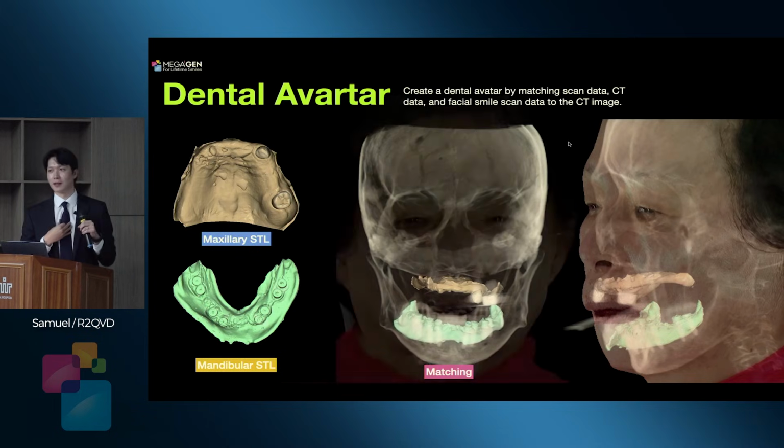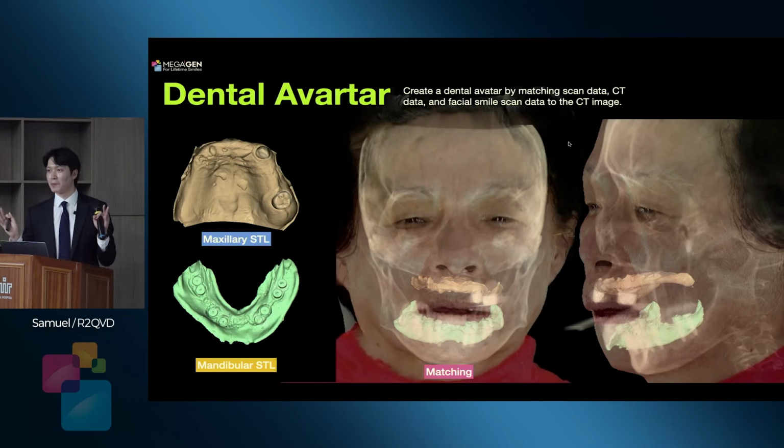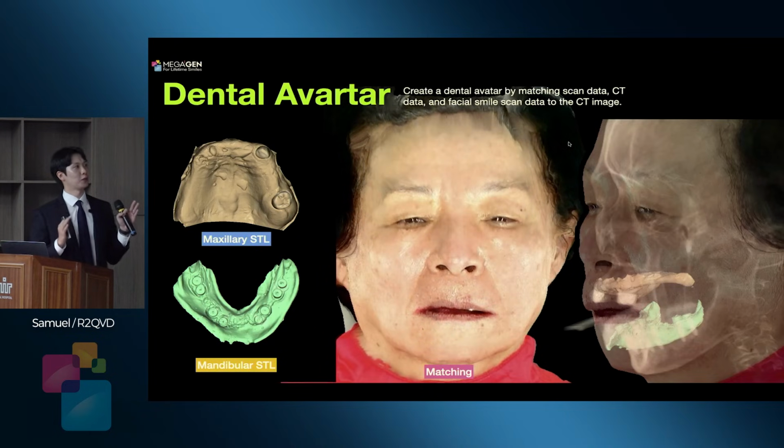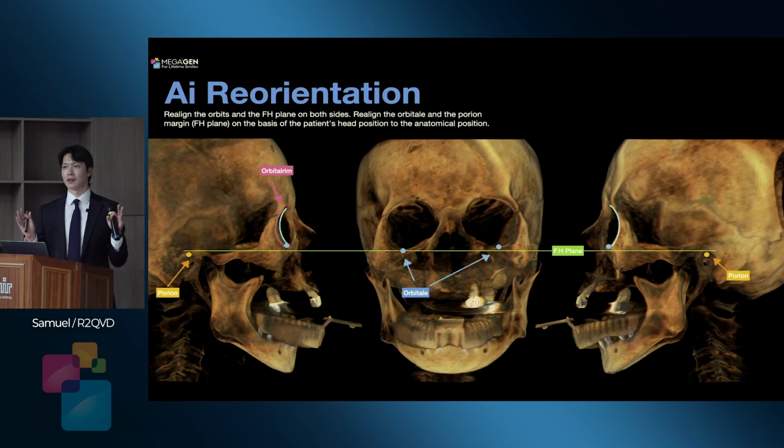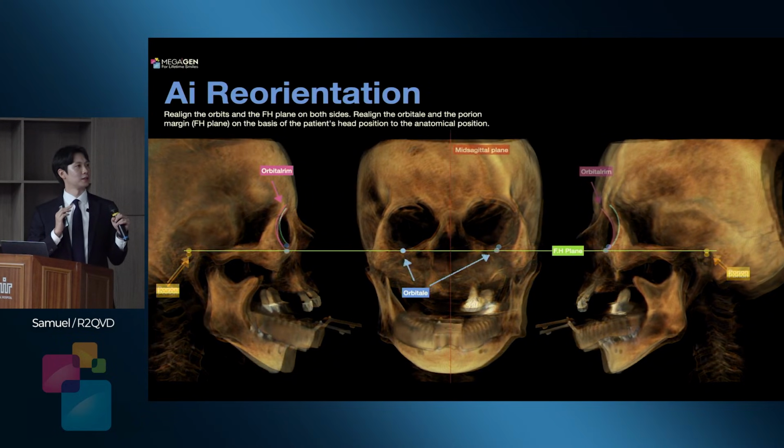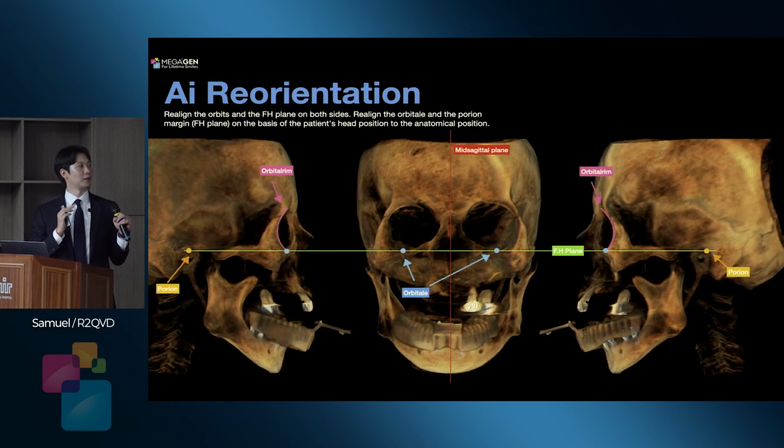So at the time, I was very happy, because merging was perfect. And I did reorientation with the AI. After that, I noticed the condyle position, right? After reorientation, the condylar head position was out of the fossa.